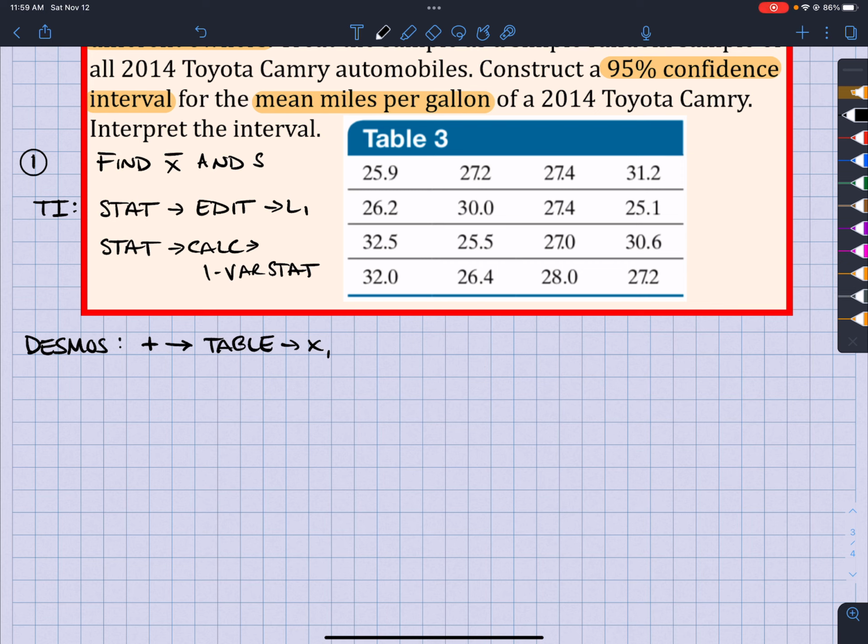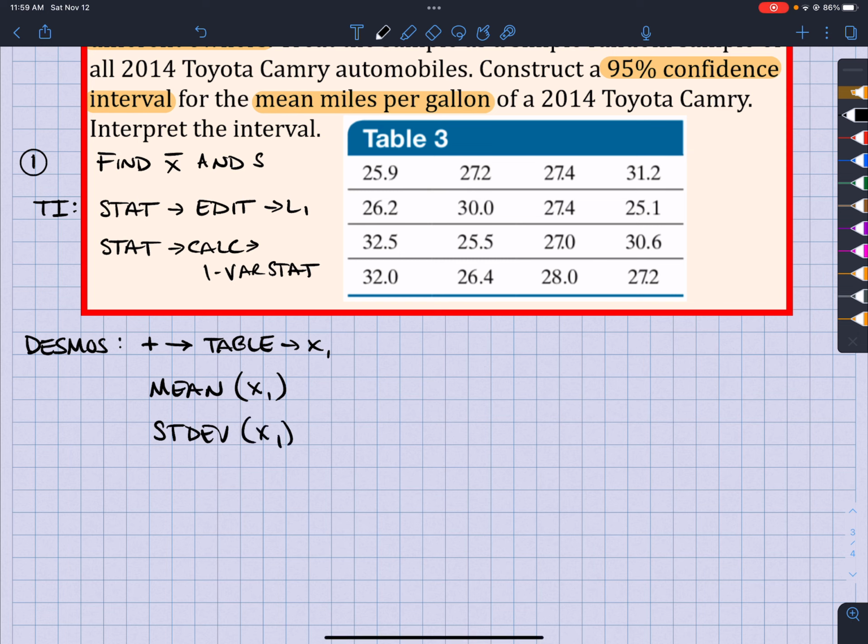Okay, after you do that, you're going to go ahead and go into your functions and then type in the mean, and you want it of X sub 1 because that's where you typed everything in, and the standard deviation of X sub 1.